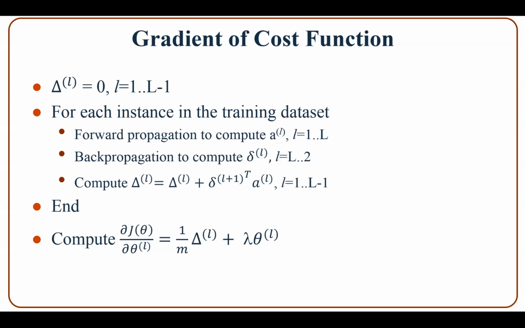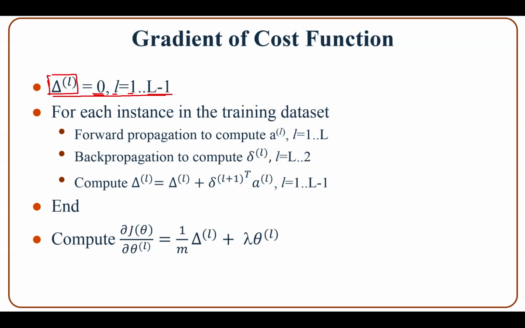And finally, this is the algorithm for the gradient of the cost function. We need a gradient for gradient descent. So starting with this, we let uppercase delta at layer L be initialized with all 0 for all the layers from 1 to L minus 1.